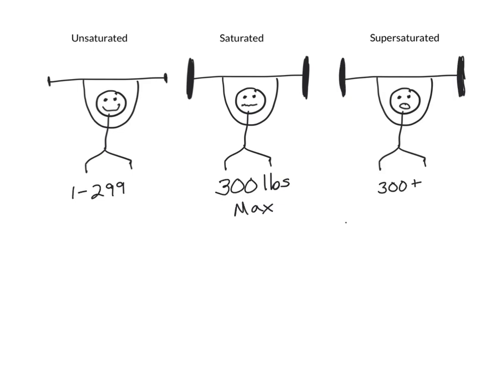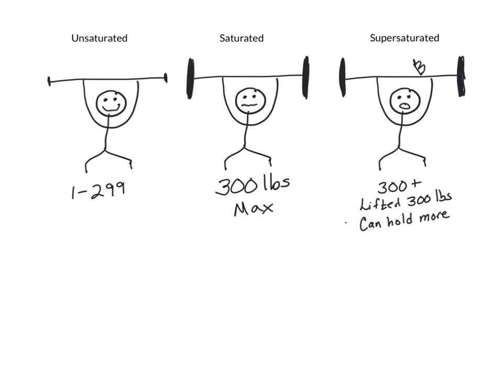But that doesn't explain how he can pick up more than 300 pounds when we just said his maximum was 300. Well, right now, he can only pick up 300 pounds. But in a moment, this butterfly will come flying down and land on the barbell. He now has more than 300 pounds, but he is only able to lift 300 pounds. But he can hold a little bit more.